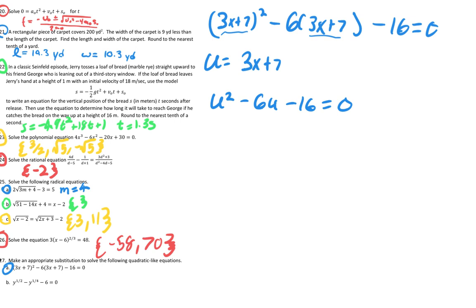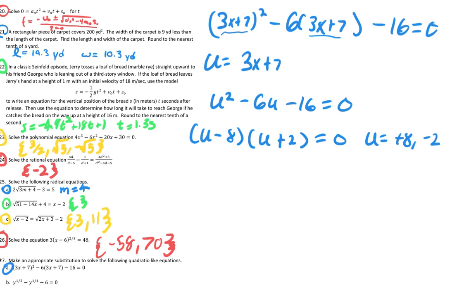We can see that this will be (u minus 8)(u plus 2) equals 0 through factoring, but you can also use the other methods, and you'll get that u is equal to positive 8 and a negative 2.